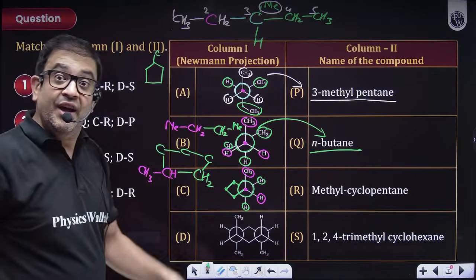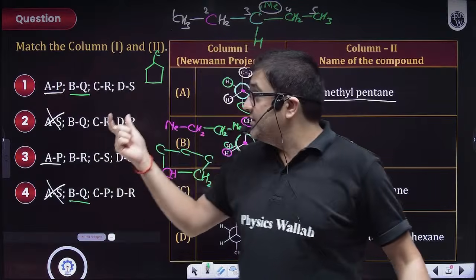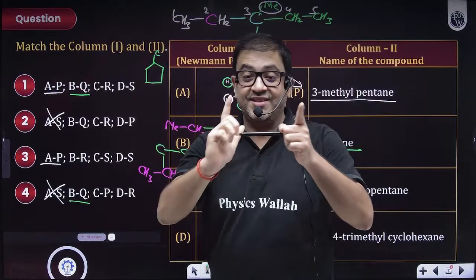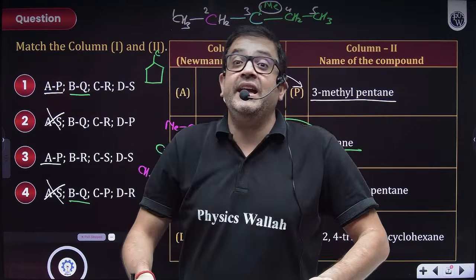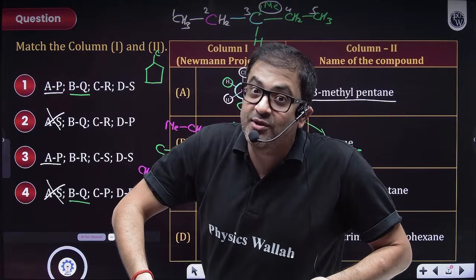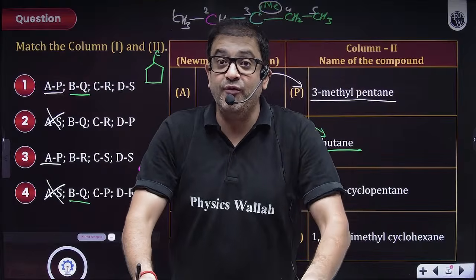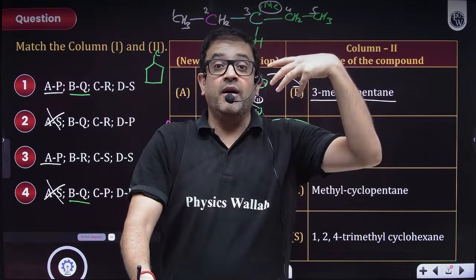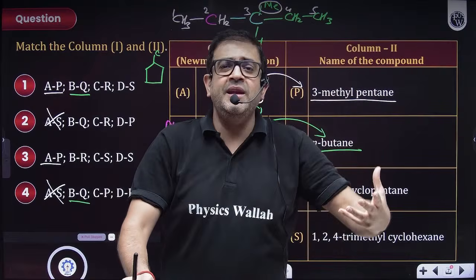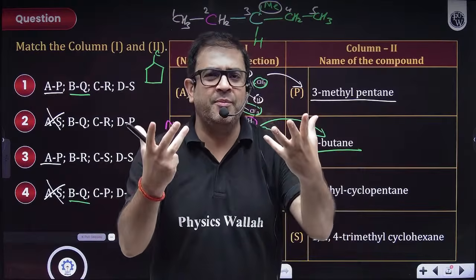That means, sir, in cyclic structures, all the C–C bonds are also single bonded, so they can also rotate. Technically we draw only conformers of cyclohexane because cyclohexane is free from any type of angle strain, and hence its conformers are easily and comfortably seen in nature, and they have some specific properties also.